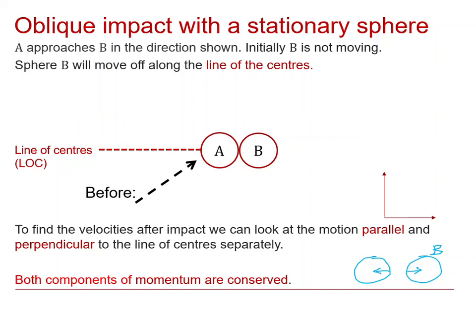In both cases momentum is conserved, and we've just discussed specifically what that means. So there we have a picture which represents what happens afterwards. After, we've got the velocity of B shown along the line of centres, and afterwards we can at least say that the component of A's velocity is unchanged perpendicular to the line of centres.